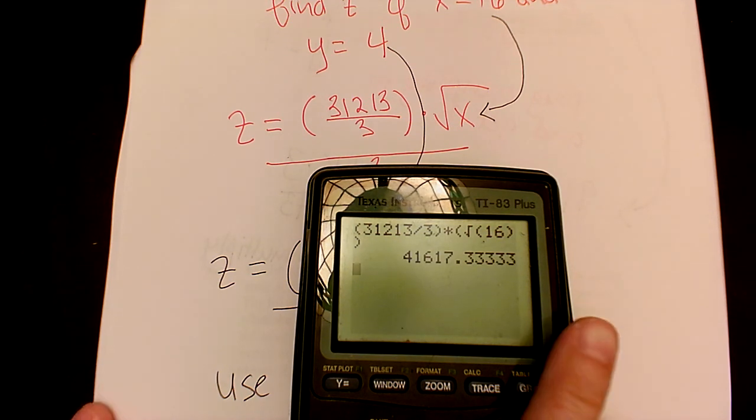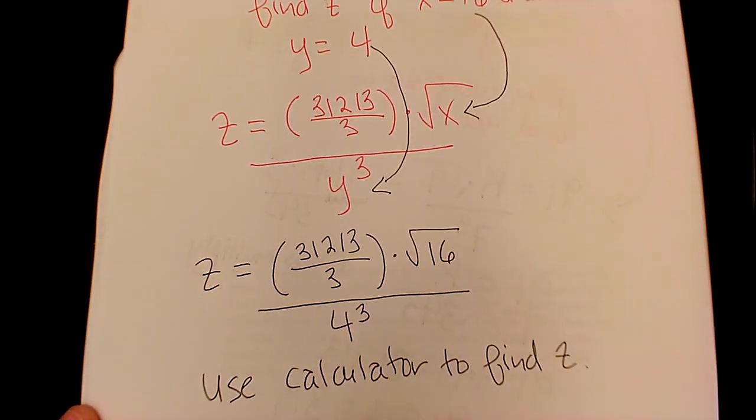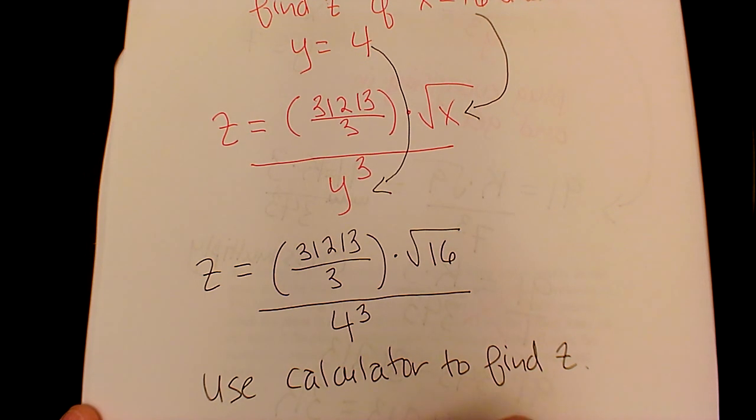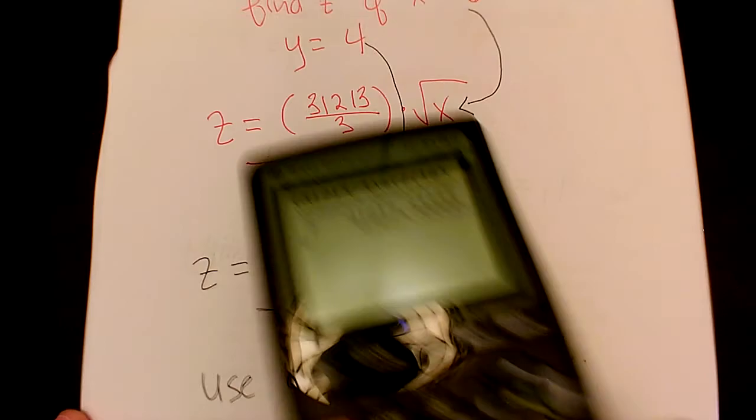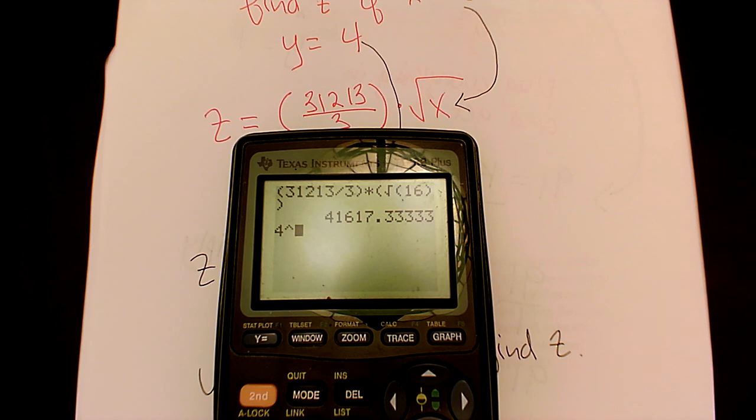Okay, 41617.33. So I get 41617.33, and I'm going to divide that. Let's see what 4 to the 3rd power is.